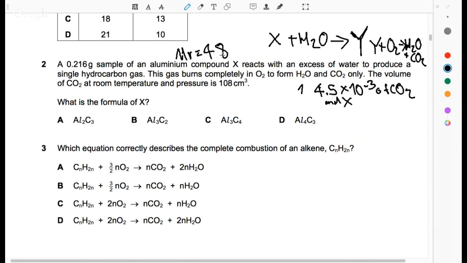So how many? Okay, so basically you have 4.5 times 10 to the power minus 3 moles of carbon dioxide. That's what you worked out, which is equivalent to the number of moles of that.